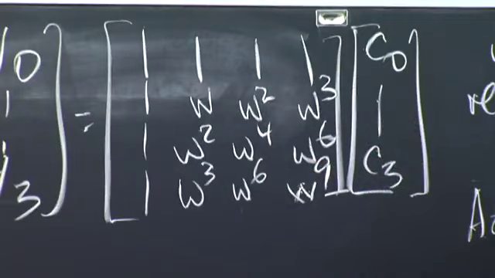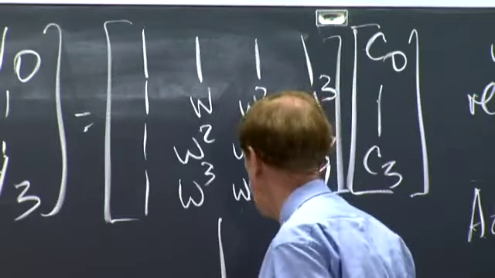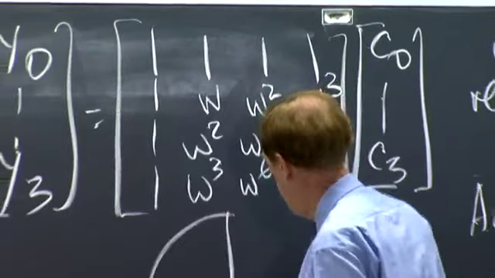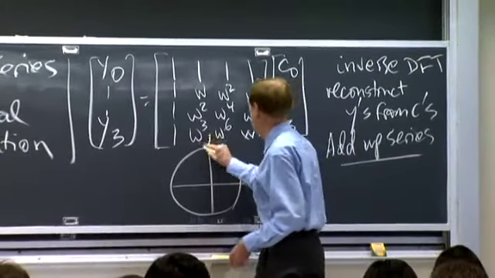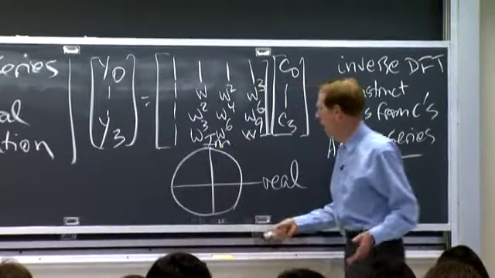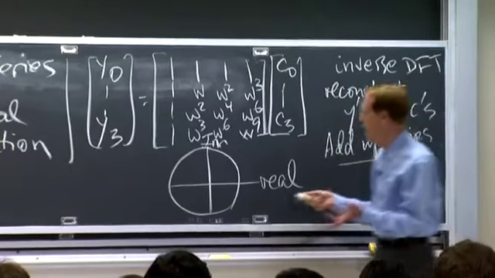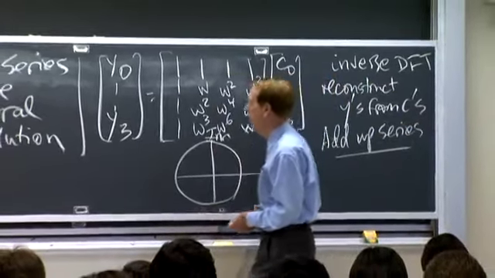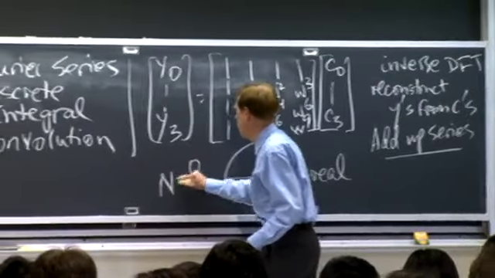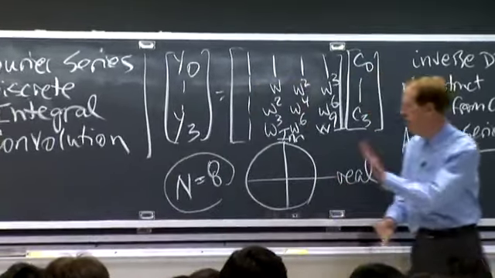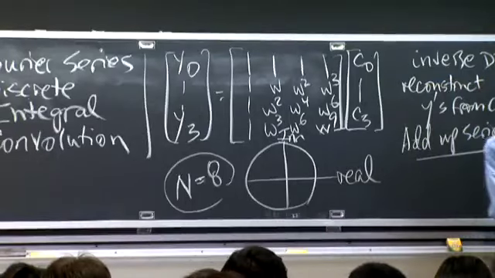But higher powers are all, let's draw a picture. Where is W? So this is the complex plane. Here's the real and here's the imaginary direction. And let me take n to be, here n was 4, let me take n to be 8 in my picture, so I'll be able to spot the 4s and the 8s.